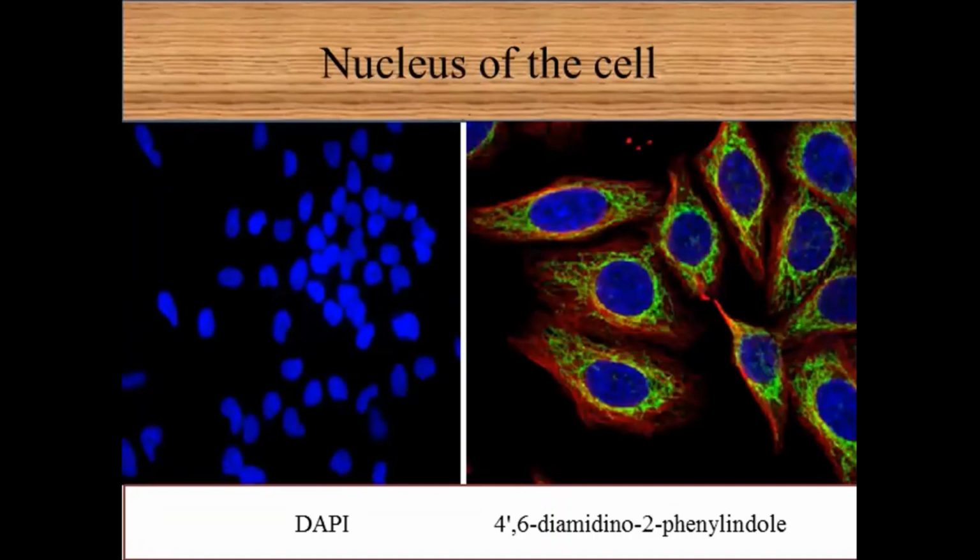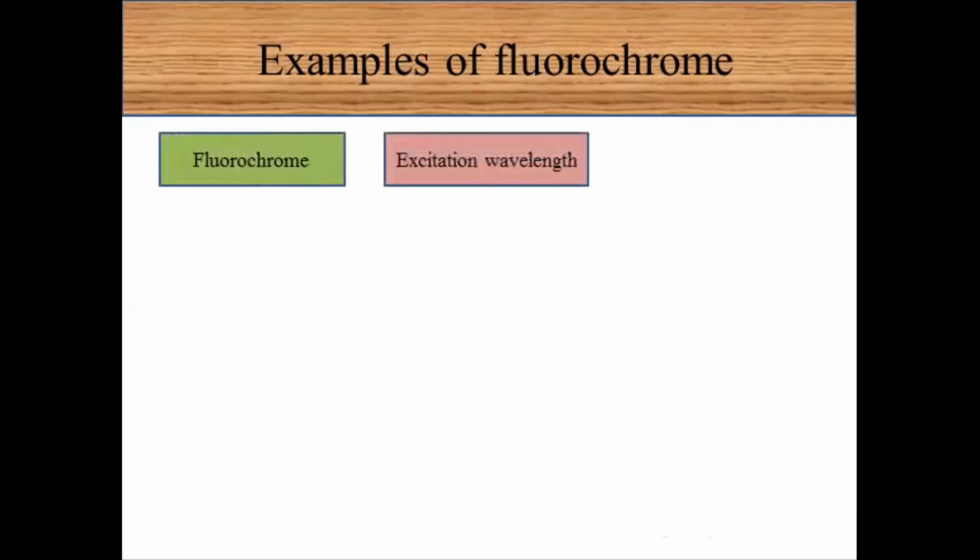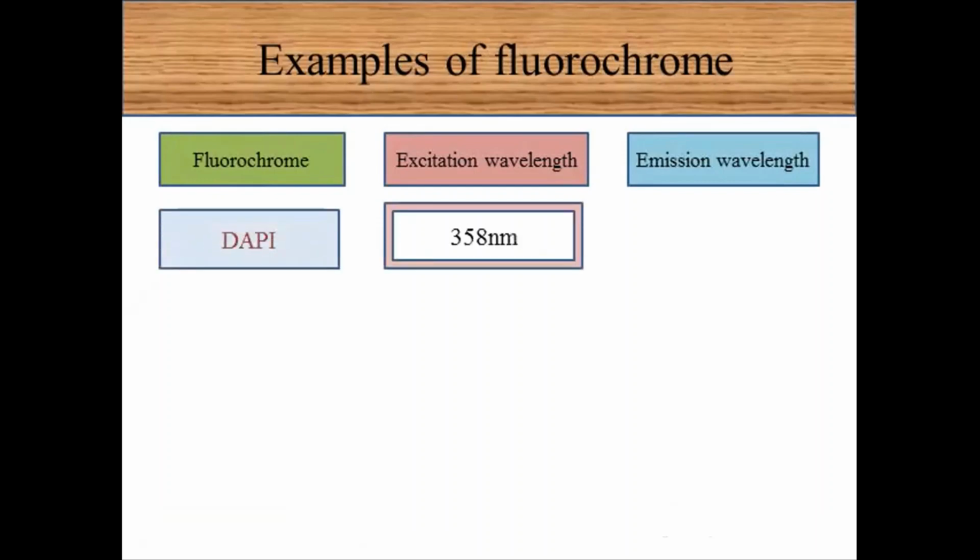DAPI is 4',6-diamidino-2-phenylindole. Here are some examples of fluorochromes and their excitation wavelength and emission wavelength. There is DAPI, with excitation wavelength 359 nanometers and emission wavelength 461 nanometers. As I told before, the longer the emission wavelength, the lower the energy.